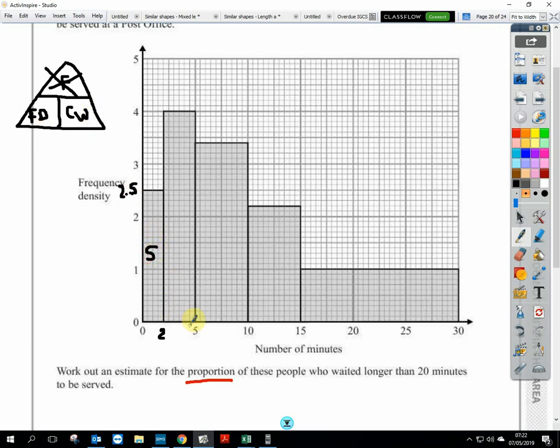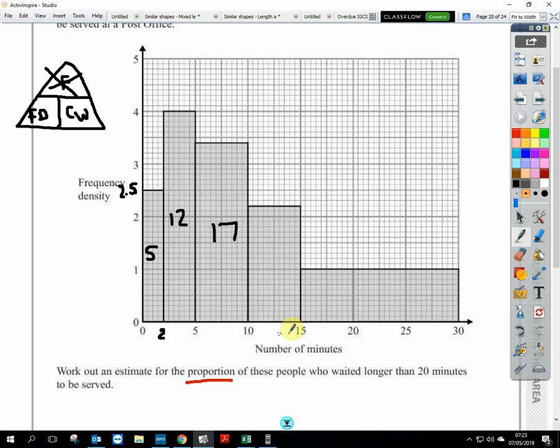The next bar has a width of 3, from 2 to 5, and has a FD of 4. So if I do 3 times 4, that gives me 12. And the next one has a width of 5 but a height of 3.4. So we do 3.4 times 5, that's 17.